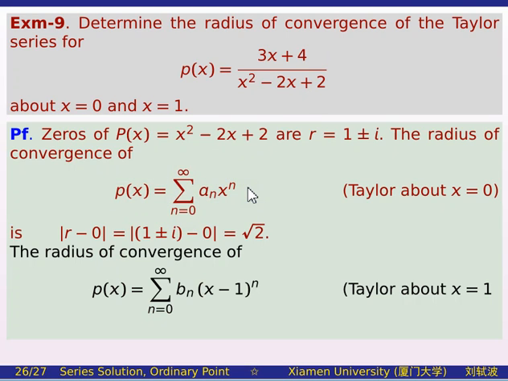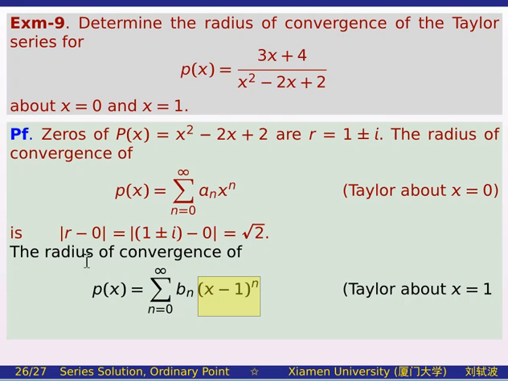Similarly, for the Taylor series about x equal to 1, the series should be the sum of b_n times x minus x0 to the power n, where x0 is the point you are expanding about. So the Taylor series about x equal to 1 is a series in x minus 1 to the power n.